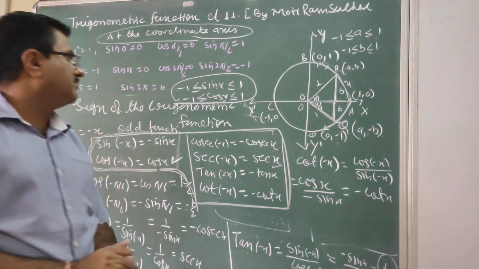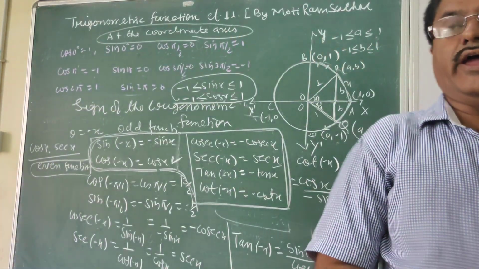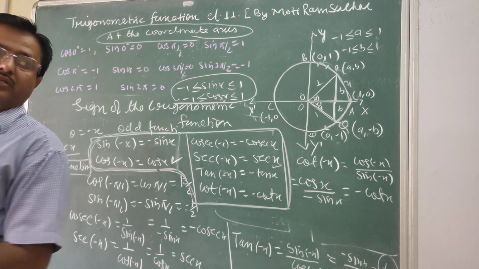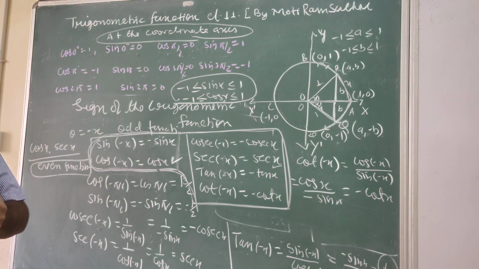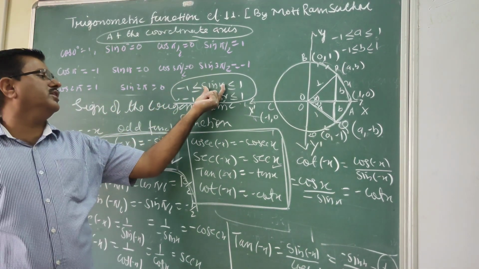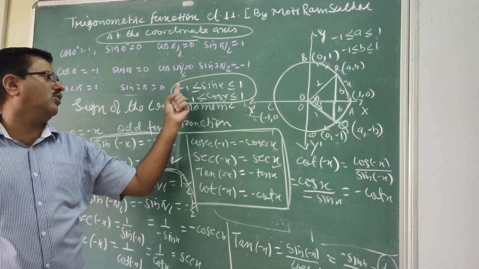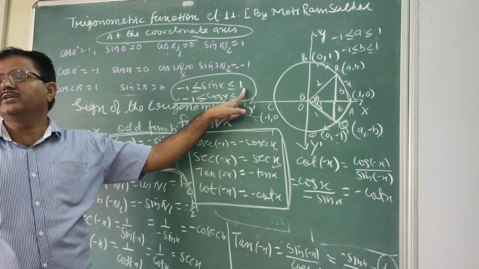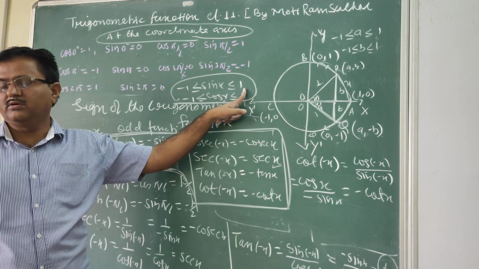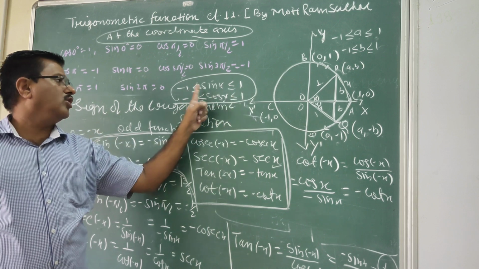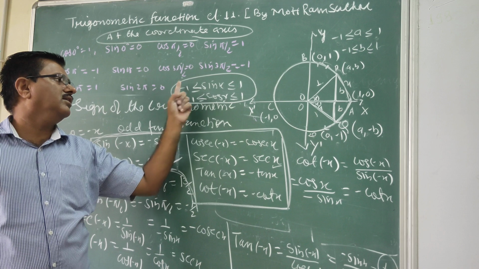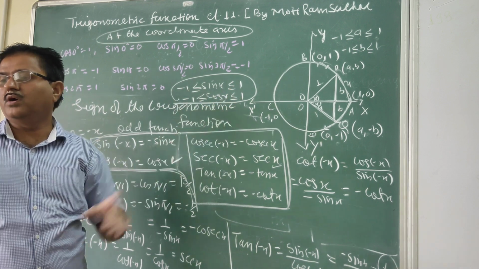Theta may be any degree or radian measure like 30 degree, 60 degree, 100 degree, 200, 360, 1000 or any. The value of corresponding sin x or cos x always varies between -1 and 1. These are the limiting points. Is it clear?